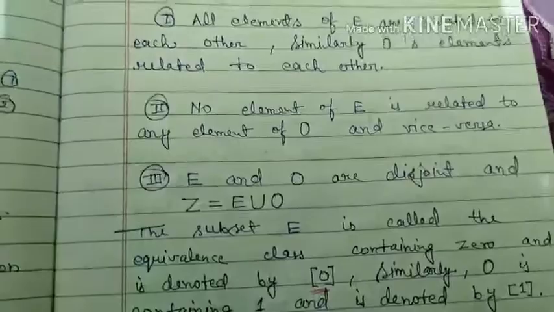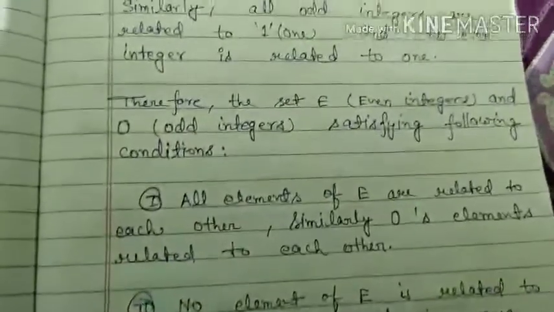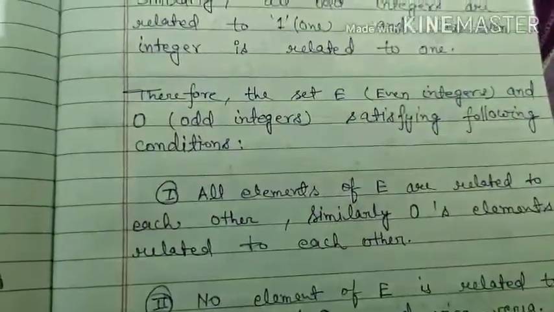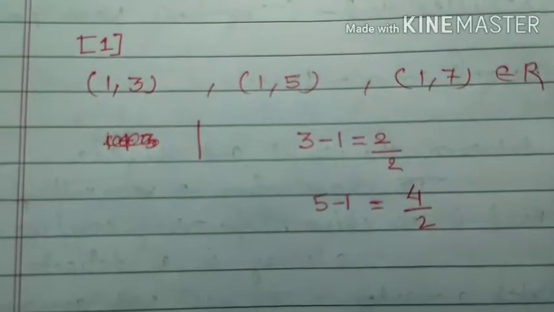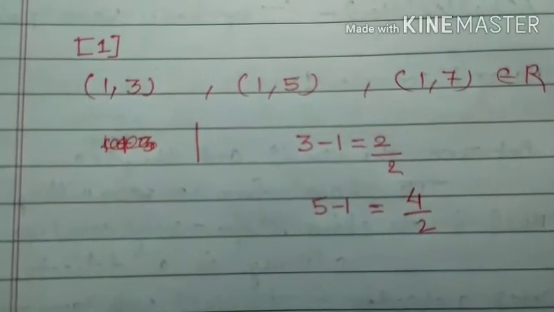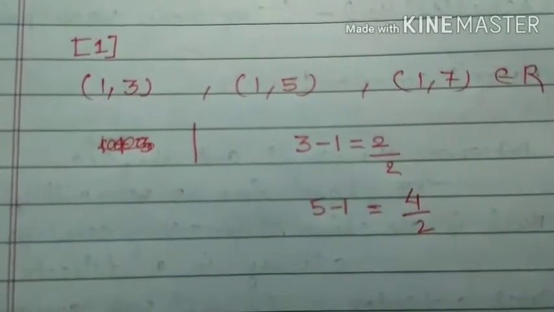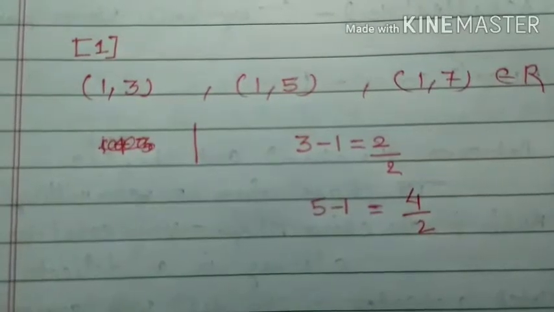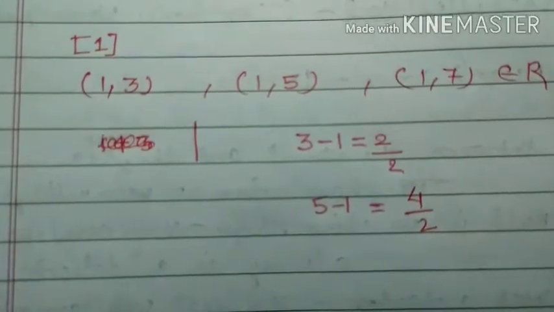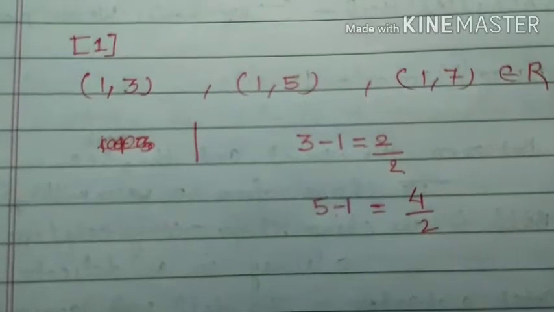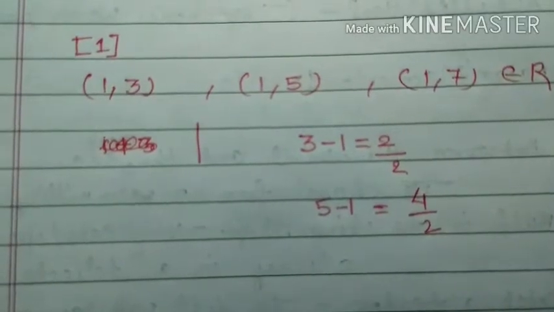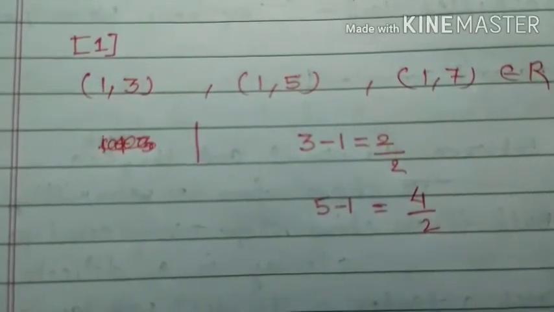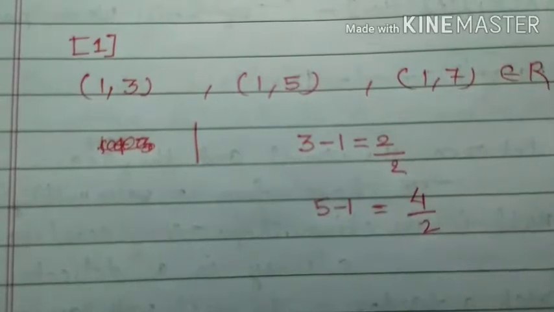Similarly, this happens for 1. According to the concept we have studied above, here 1 will be related to 3, 1 can be related to 5, 1 can be related to 7. And why is it related to these odd numbers?